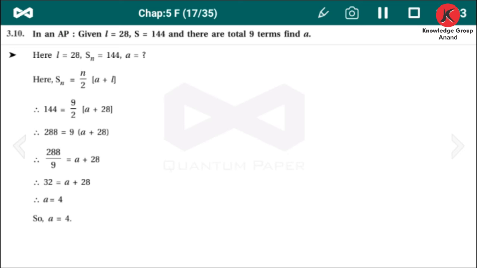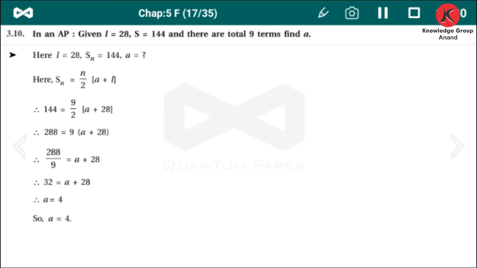144 is equal to 9 by 2 into a plus 28. 144 into 2 is 288. Divide by 9 is equal to a plus 28, because 2 is in division and 9 is in multiplication.